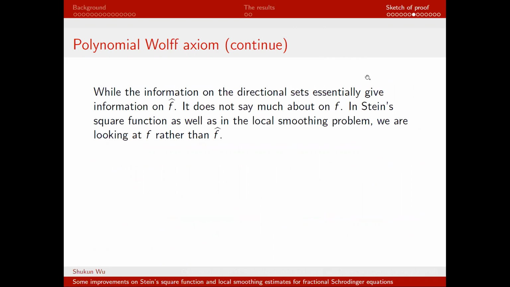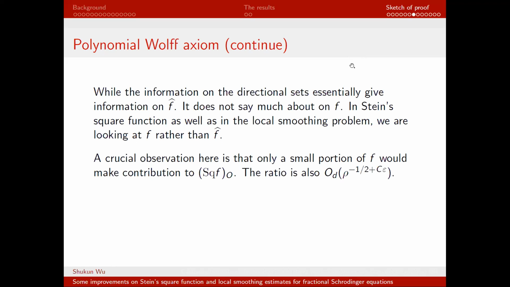But in Stein's square function problem, as well as the local smoothing problem, we are looking at F rather than F hat. So to get around this difficulty, a crucial observation here is that, similar to the restriction case, we can prove that only a small portion of F will make contribution to each cell function.